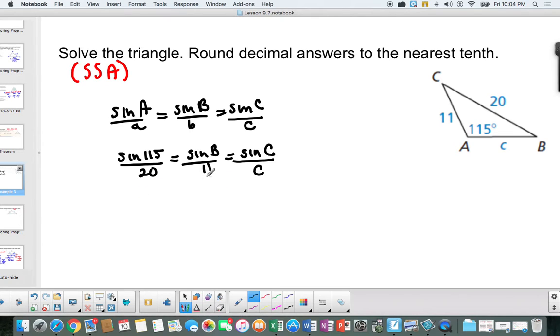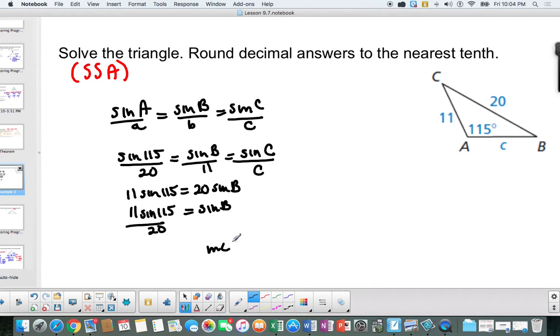Okay, so I'm looking right here, and I'm going to cross multiply: 11 times the sine of 115 is equal to 20 sine of B. So sine of B is equal to 11 times the sine of 115 over 20.